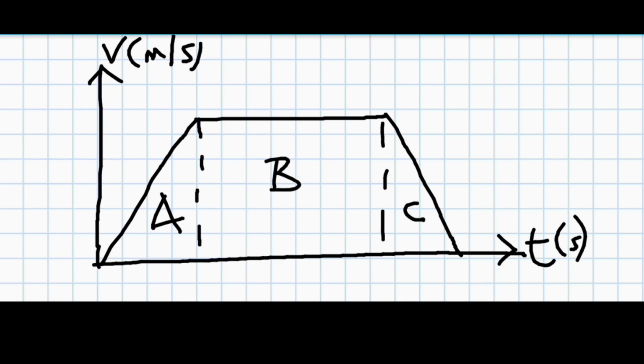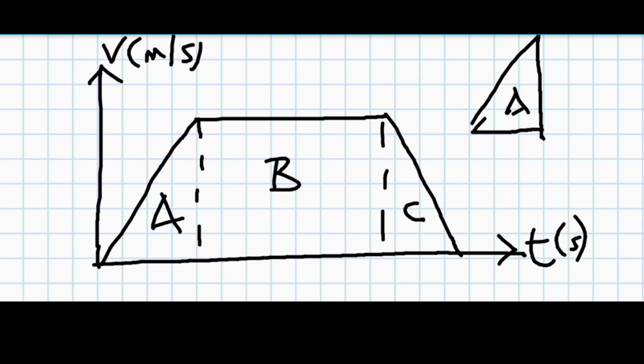Alternatively, to get the distance covered, all we do is consider the shape. For example, in region A, we can clearly see that it gives a right angle triangle.